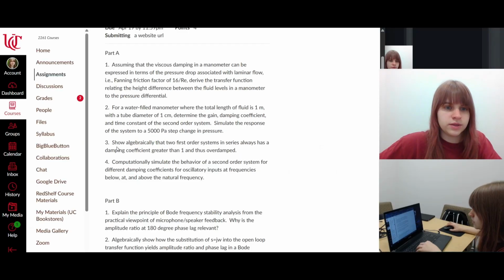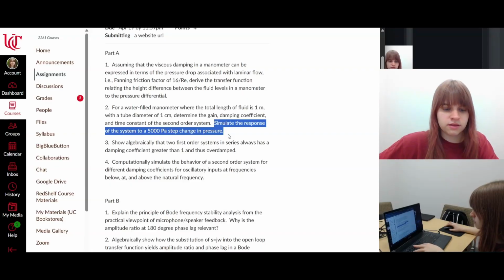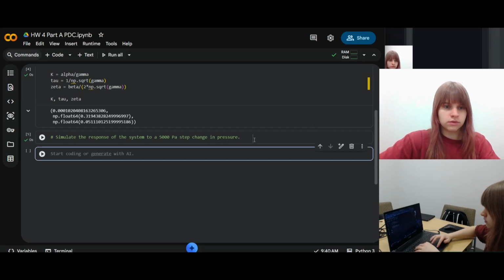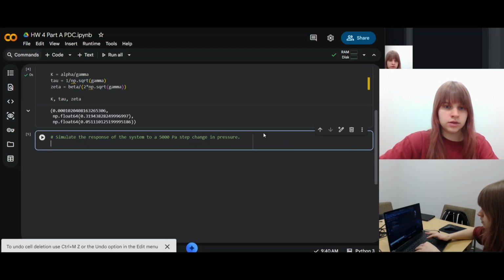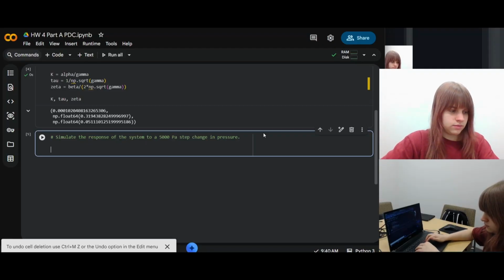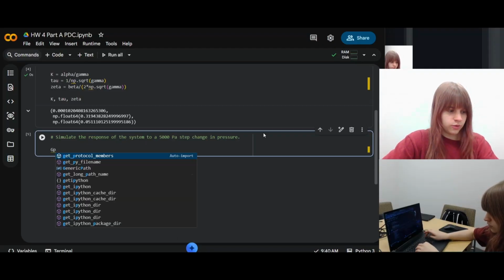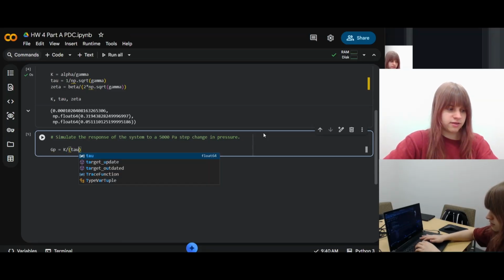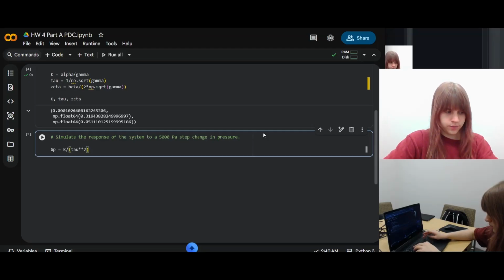So now we would like to simulate the response to a step change in pressure. We need to put our transfer function down that I derived earlier. It was k divided by tau squared times s squared plus 2 times zeta times tau times s plus 1.